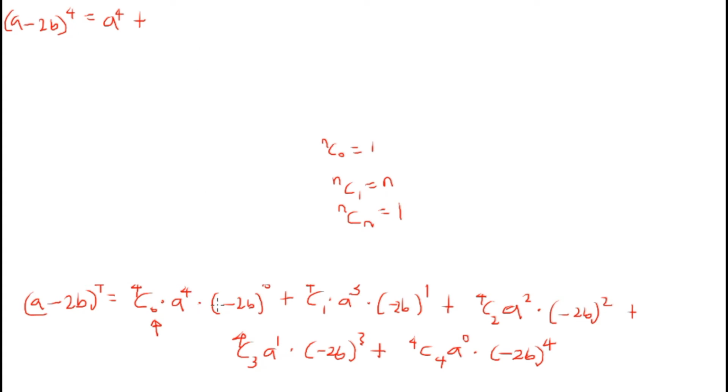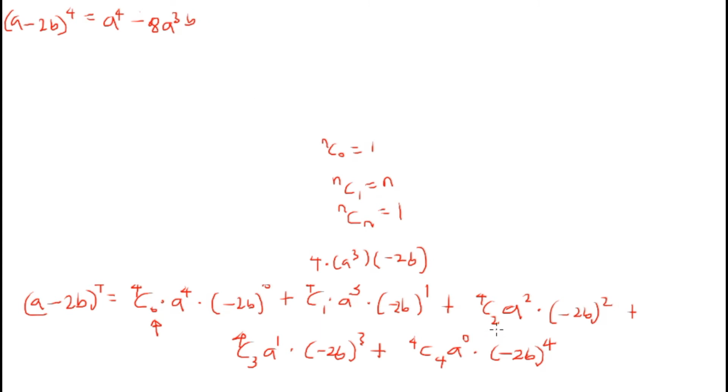So let's go to the second term. 4 combination 1 is actually 4, right? So I'll have 4 multiplied by a raised to power 3 and then minus 2b raised to power 1, which remains minus 2b. If I simplify, 4 times 2 is minus 8, so I shouldn't have the plus there, I should have negative. So minus 8 a cube b.